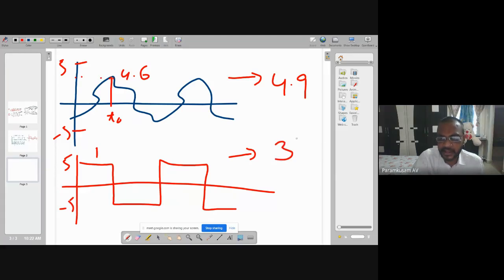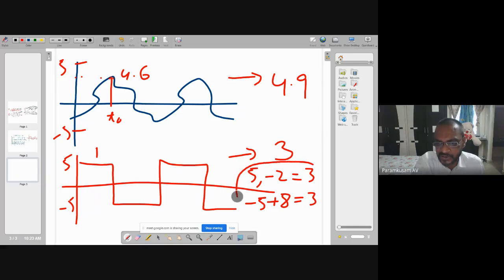Then the receiver can understand that, okay, the transmitter may transmit logic 1, 5 volts, and the noise is minus 2 volts, so that I get 3 volts. That is one possibility. Another possibility is that the transmitter transmits minus 5 volts, and the noise is 8 volts, so that the receiver gets 3 volts.